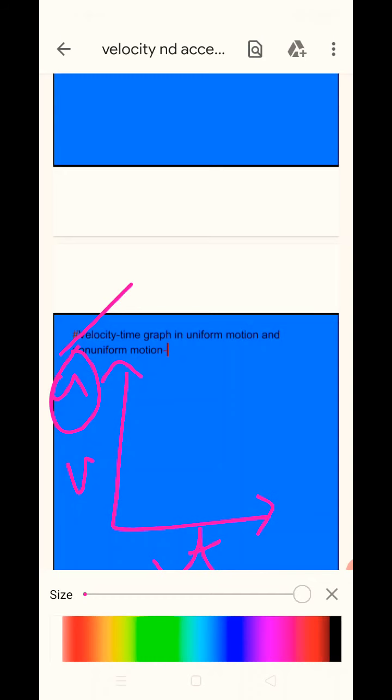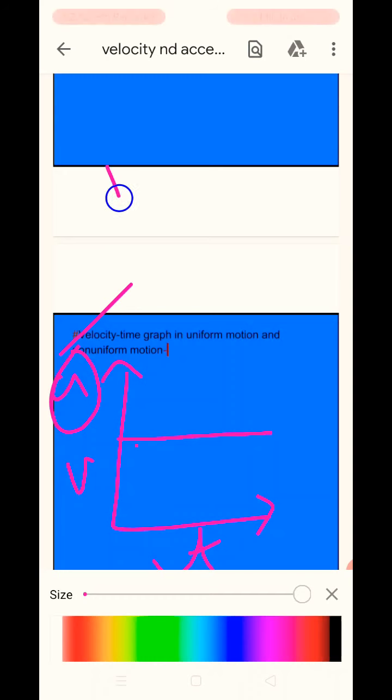In uniform motion, the velocity will be constant because a moving body travels equal distance in equal time intervals. Clear? So velocity will be constant in uniform motion.